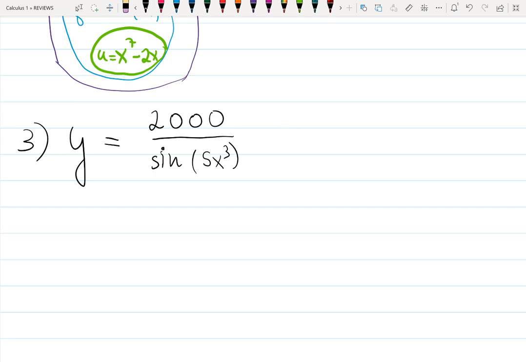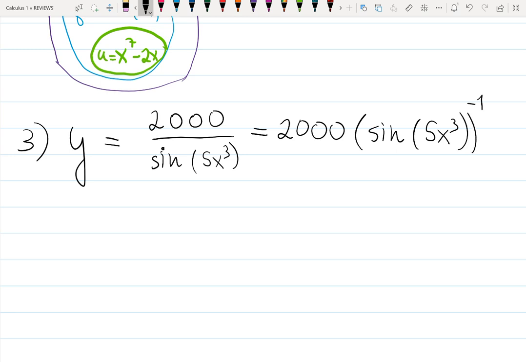Who knows? Yes, let's rewrite the denominator, which is sine of 5x cubed, with a negative exponent, and then differentiate that using chain rule instead of the quotient rule. It will be negative 2,000 because negative 1 goes down.